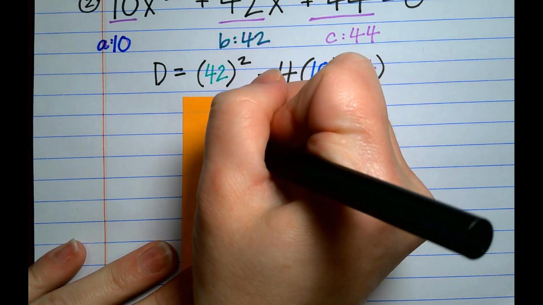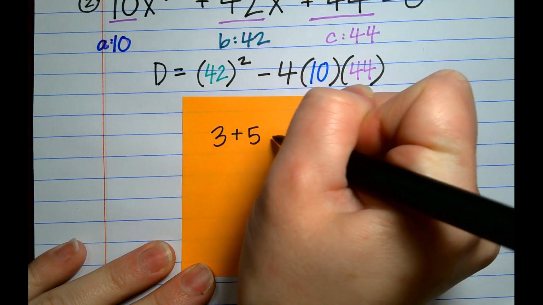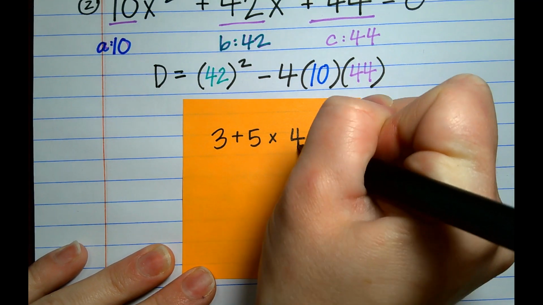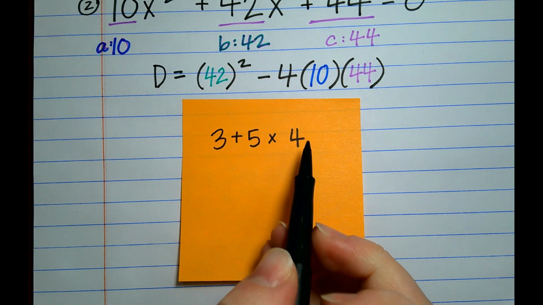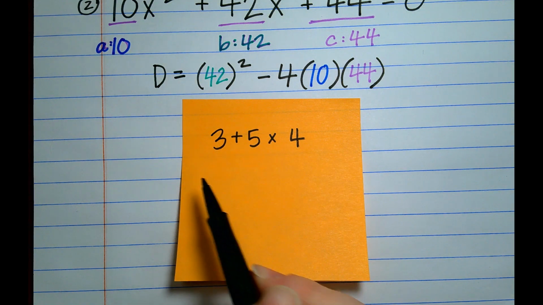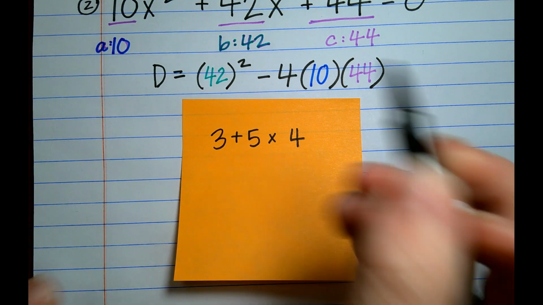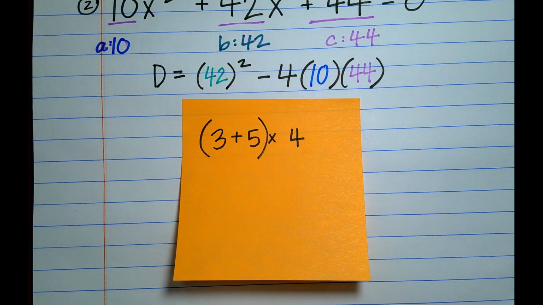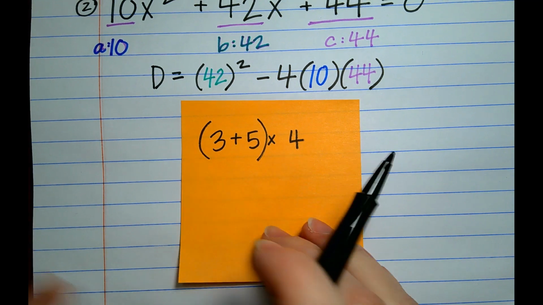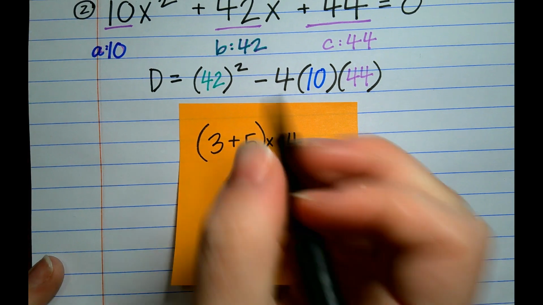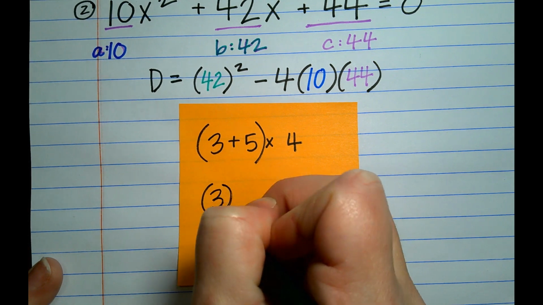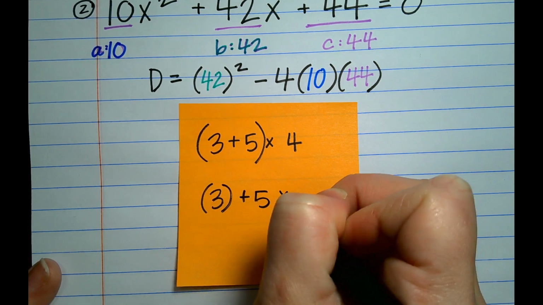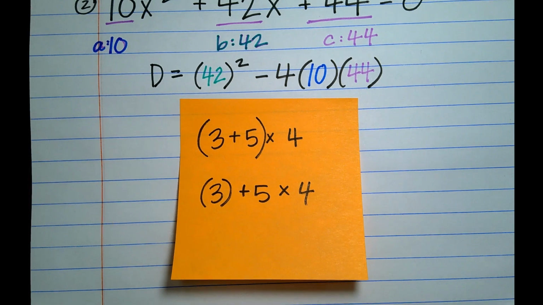Now, this kind of parentheses is a little bit different, this is more so separating numbers. Whenever we say parentheses in the order of operations, if I had 3 plus 5 times 4, according to the order of operations, which thing would we do first? 5 times 4. But if I had parentheses here, now what would I do first? 3 plus 5. We would do that first, okay? So that's where parentheses is different. Now, if I have 3 plus 5 times 4, what do I do first?